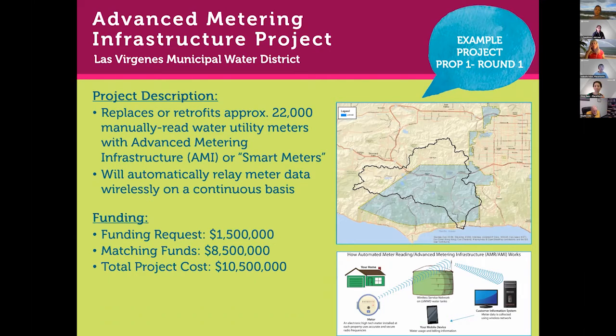So it's an emergency backup method, and I think there are some water quality benefits associated with that project. We do work collaboratively across our boundaries, both in that part of LA County and in the upper Santa Clara watershed, where we have some joint efforts. That project is another big one, but they only requested 1.5 million from the grant, while it cost a total of $10 million to $10.5 million. Las Virgenes is a fairly large water agency, so that's a big project.